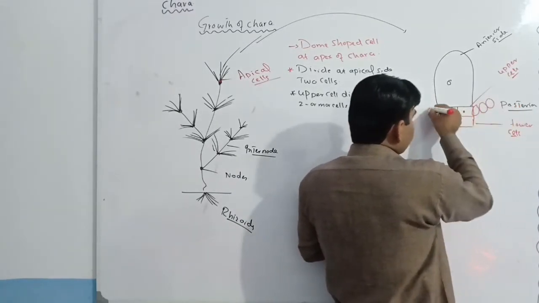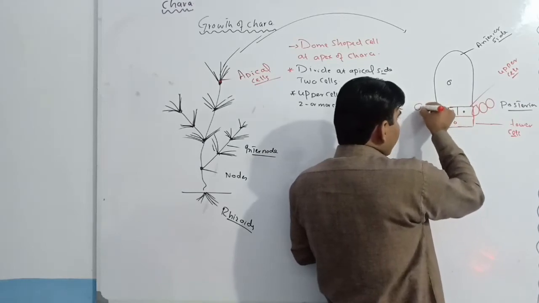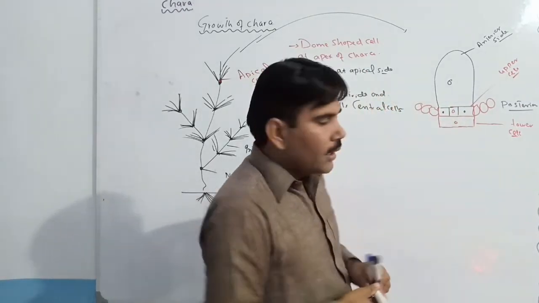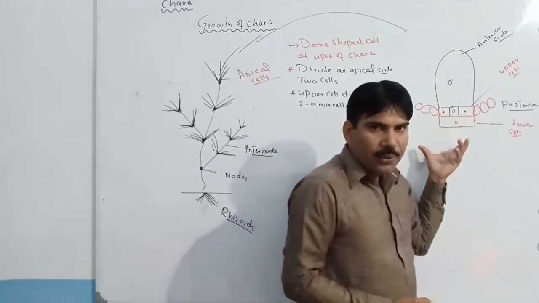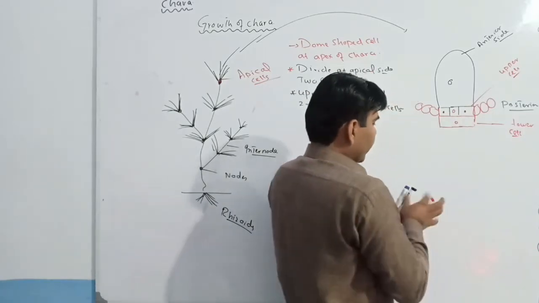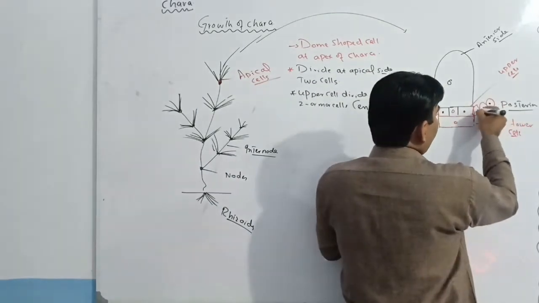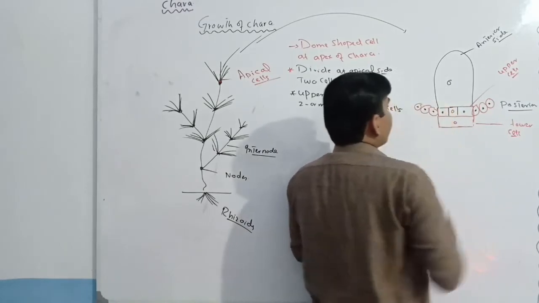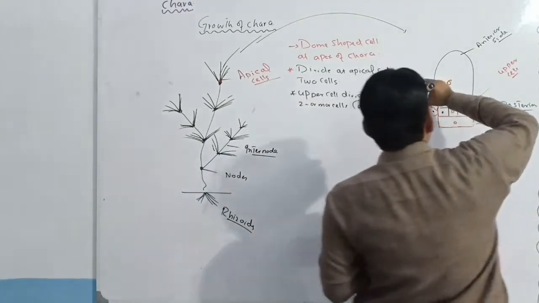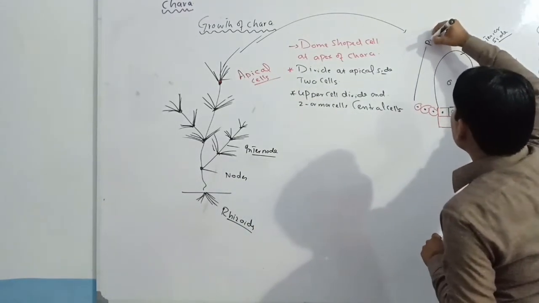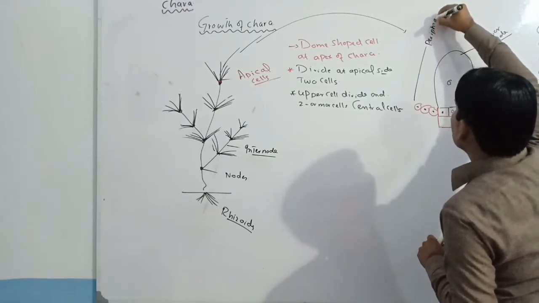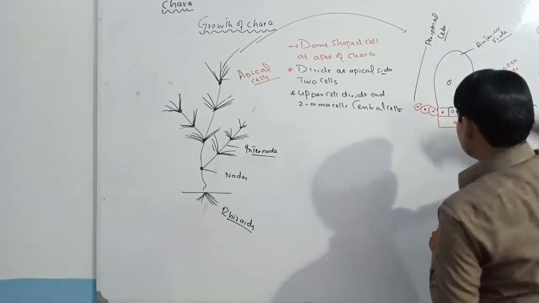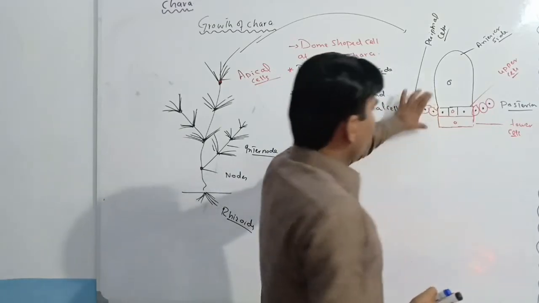These are the cells, but these are not present at the center. These are present at the peripheral region. So that's why such type of cells which are present on the periphery are also known as peripheral cells. So these are peripheral cells.